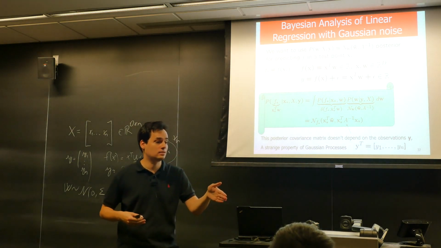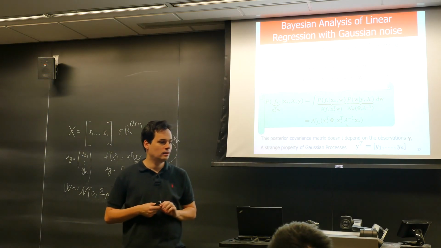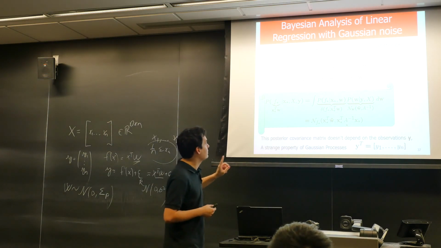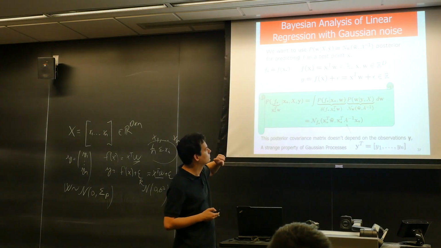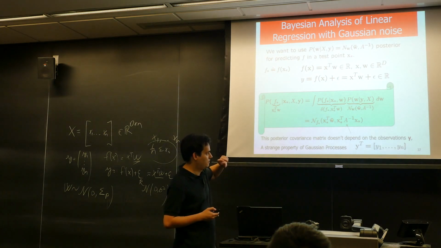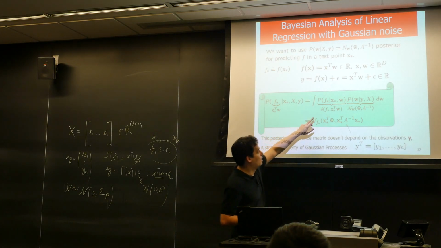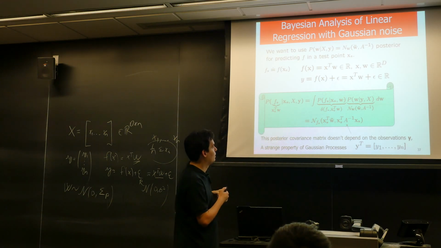So x star is a fixed quantity here. You choose an x star and you want to predict the function value there. No, I said f star. I mean, f star, right? Down there in the integral, I'm just trying to understand in what sense it's a random variable. So f.